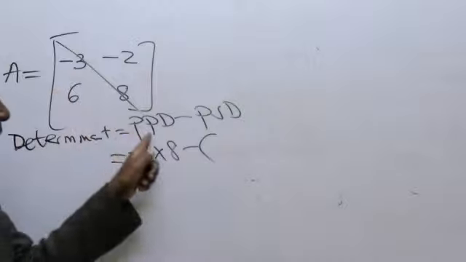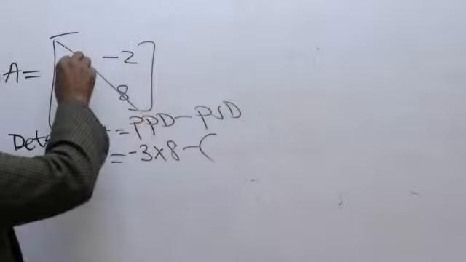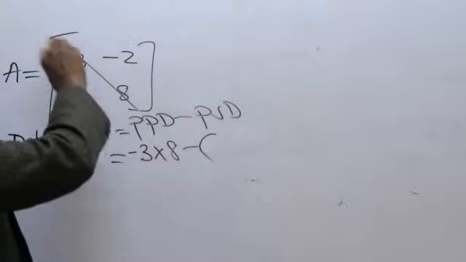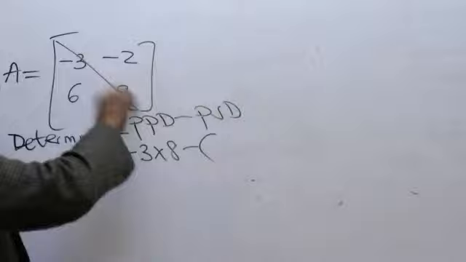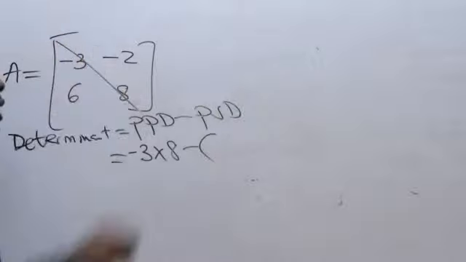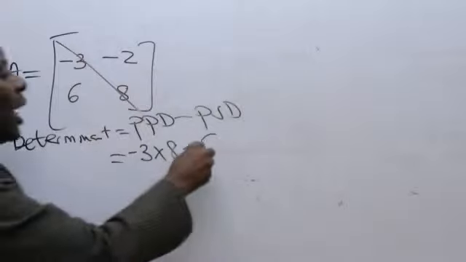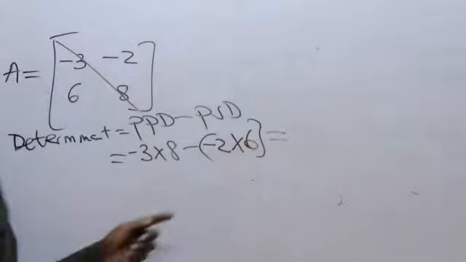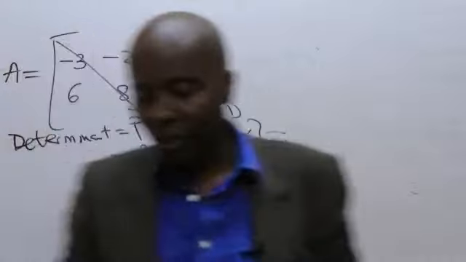Remember, the primary diagonal is the leading diagonal, the one that starts from the first element of the entire matrix. The other diagonal will be the lagging, so we have -2 by 6. Could you kindly give me an answer? What do we have here?